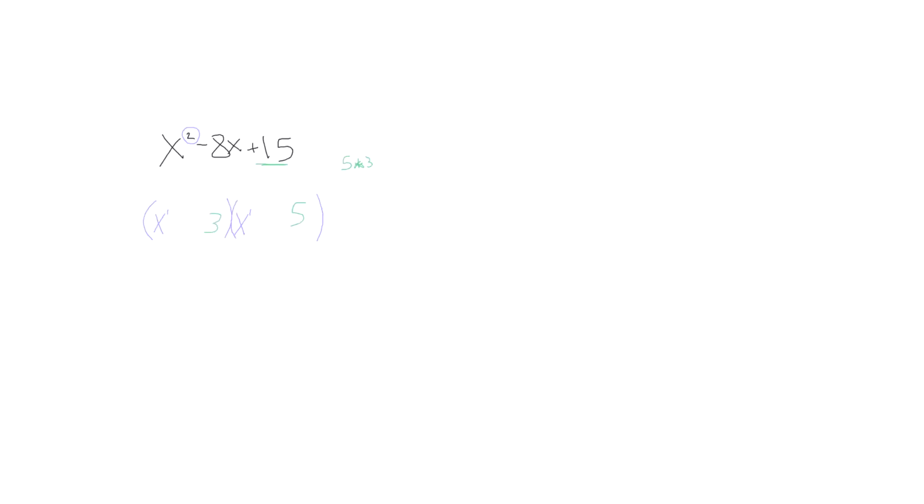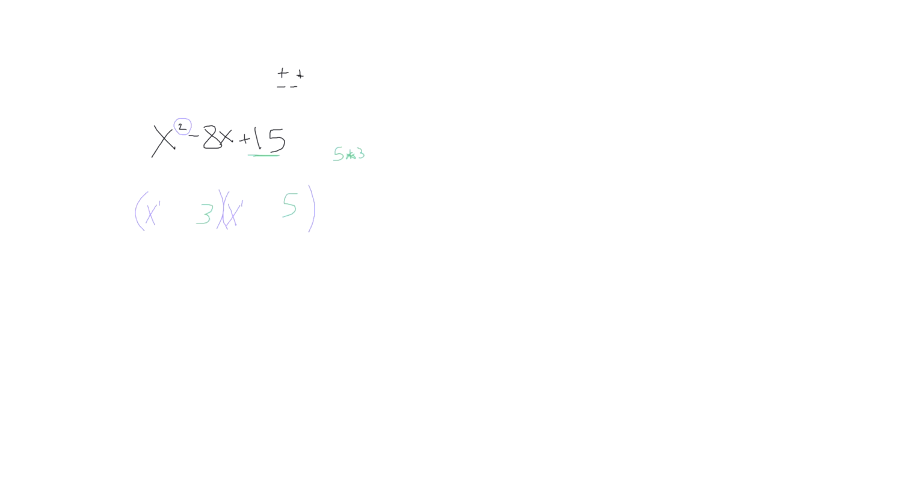And now you need to look at your signs. Everything's a process. Since this is a plus, the last sign in the expression is a plus. I need 2 things to multiply to get a plus. So either I'm going to have a plus times a plus or a negative times a negative, because that also gives me a positive.